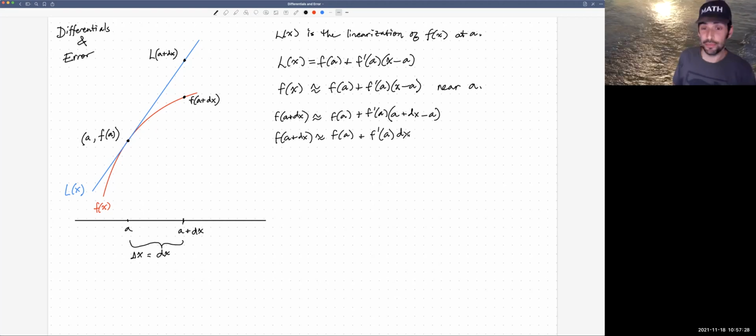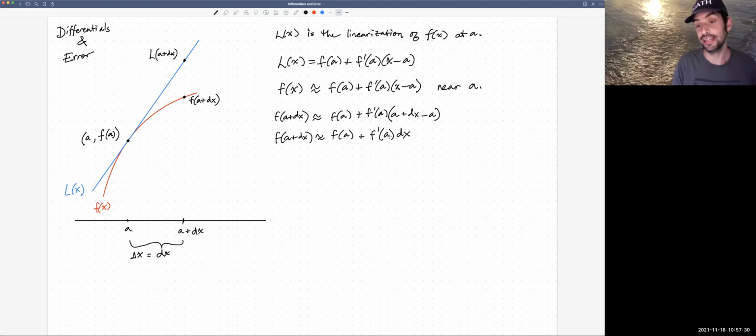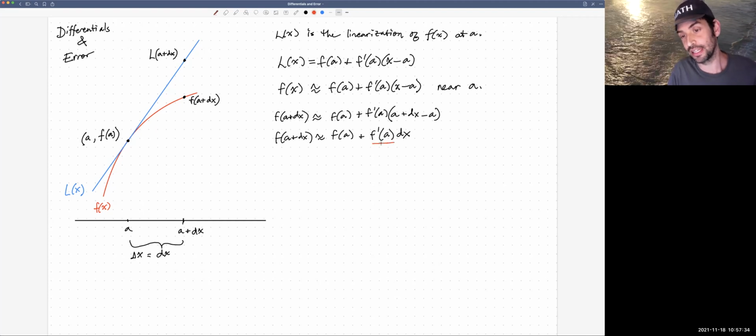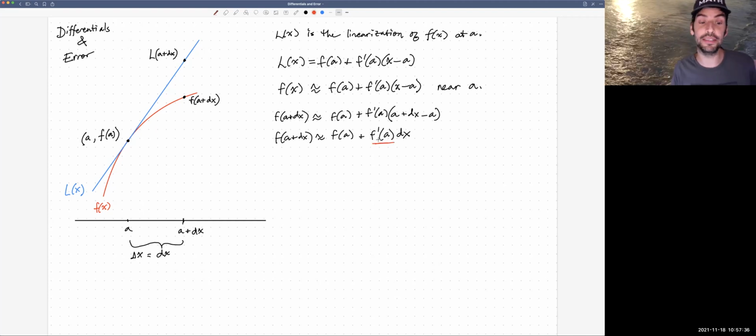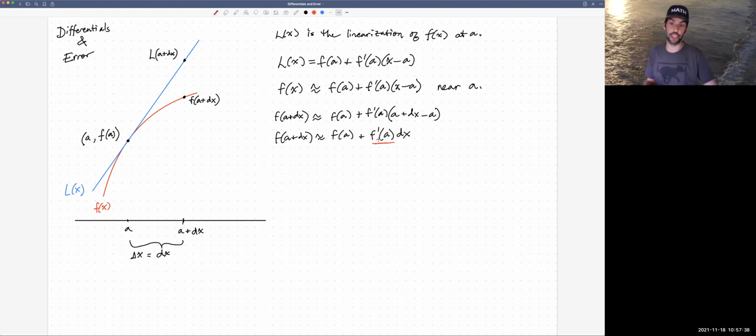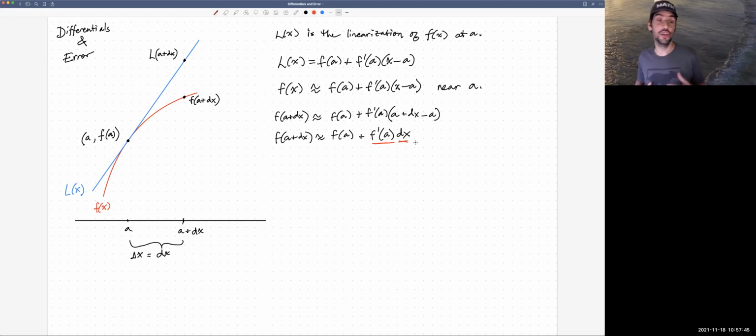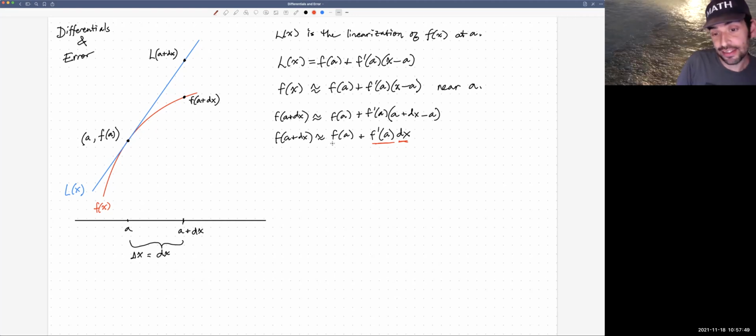So remember a little bit about what we said yesterday. This, f prime of a, I'm thinking of as kind of like a speed relative to how much x we change, and we're multiplying that by how much x we change. That's telling us how much y changes. And then this is where we started.